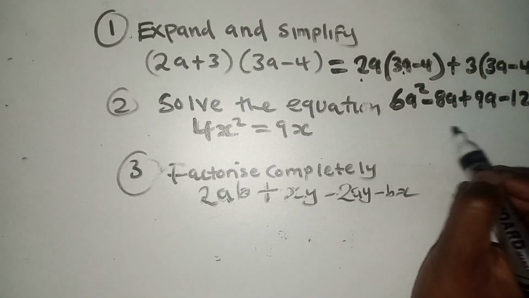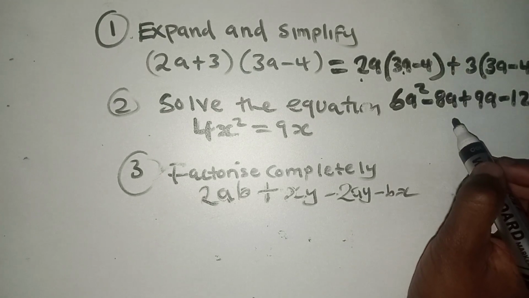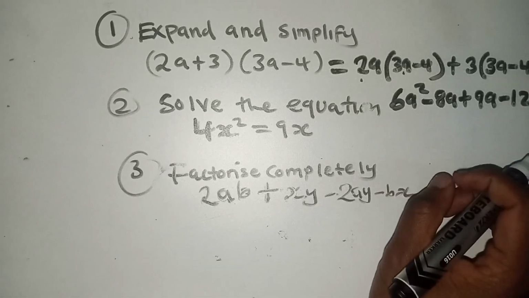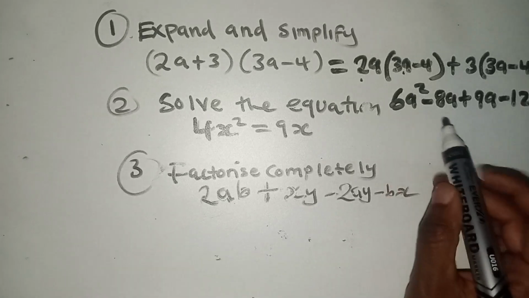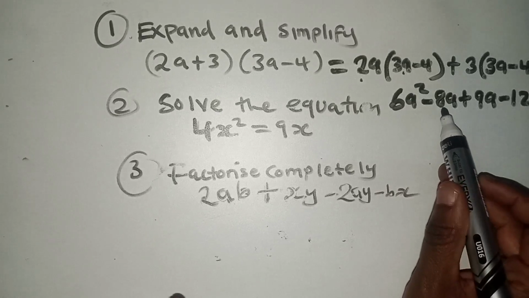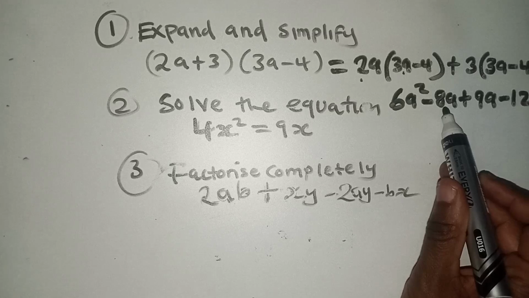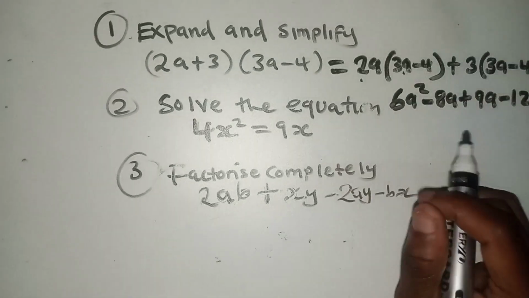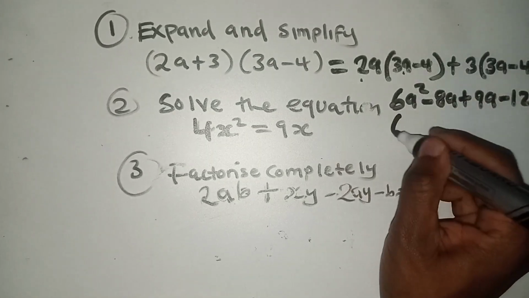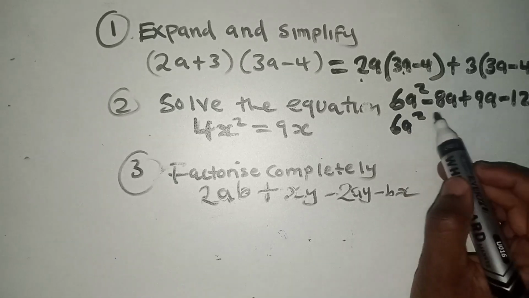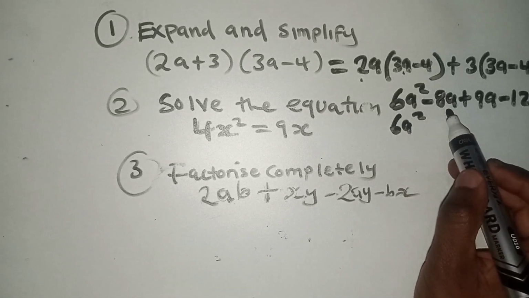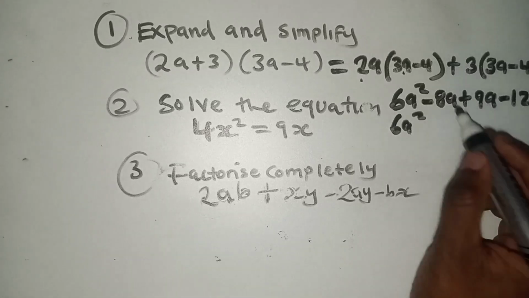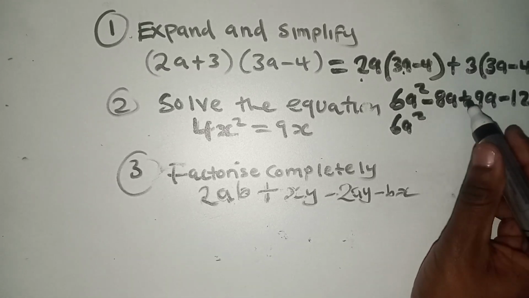After having expanded, what you do next is group the like terms together. You look for those terms with a, and those terms without variables, and put them aside. You maintain 6a squared. Then negative 8a plus 9a.